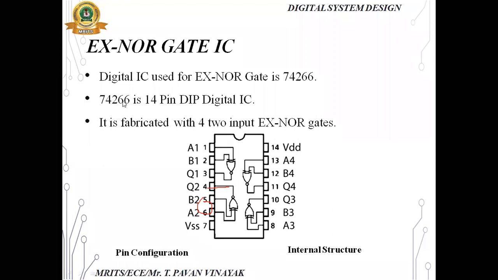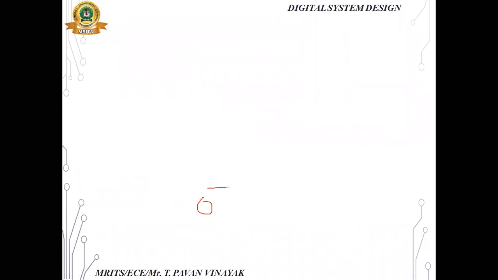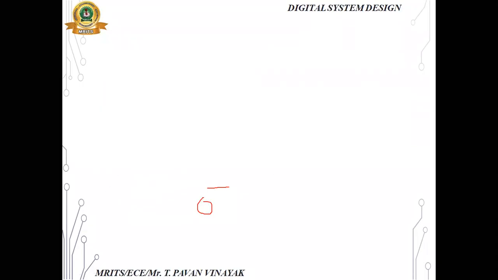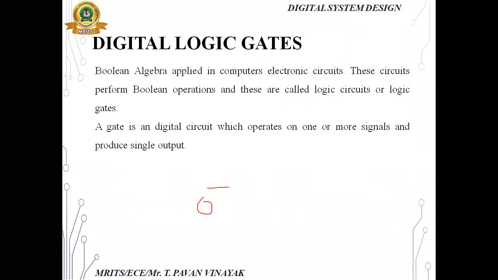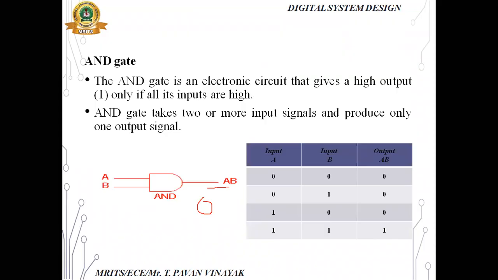Next, see how we get the AND gate output and OR gate output using the truth table. So this is the AND gate, right? Using SOP, we can write sigma 3, because index 3.